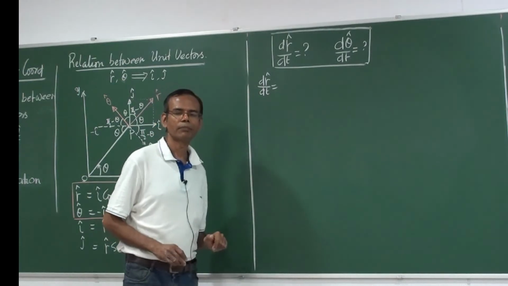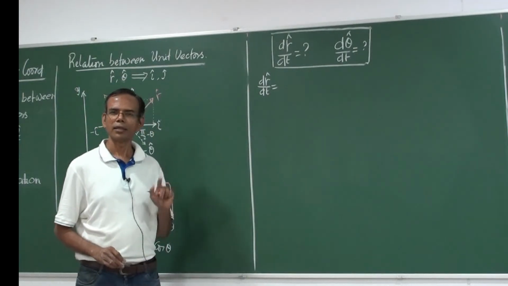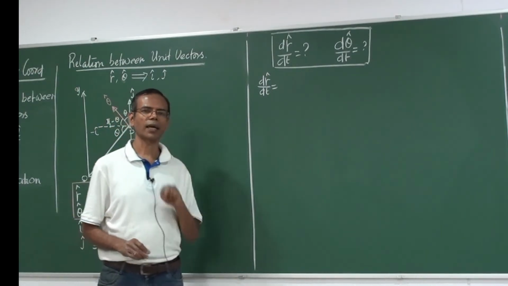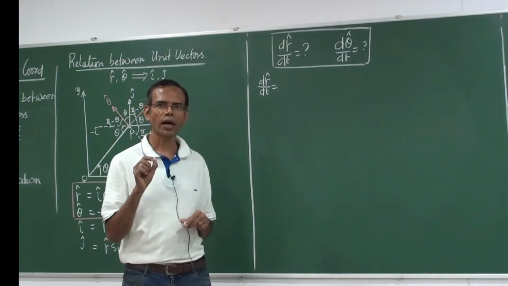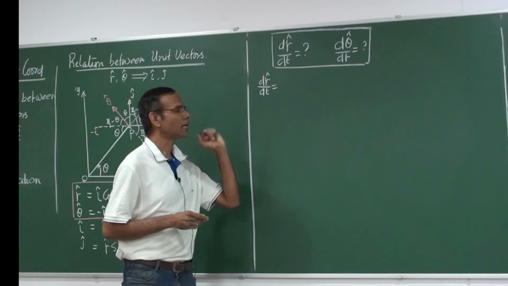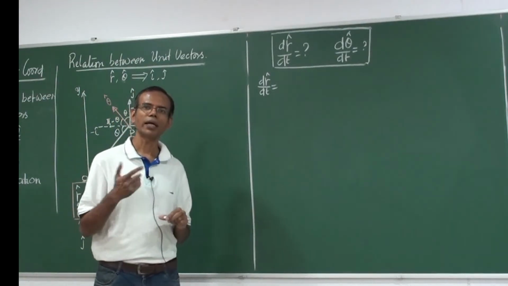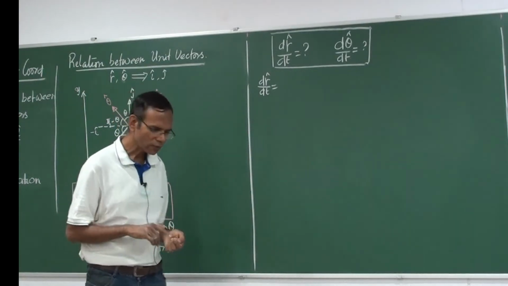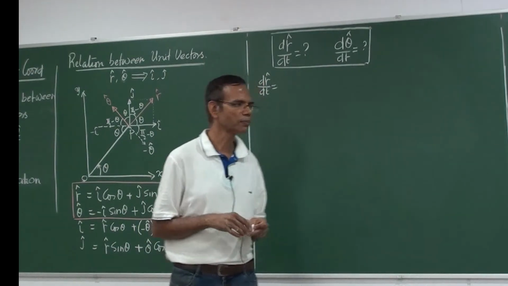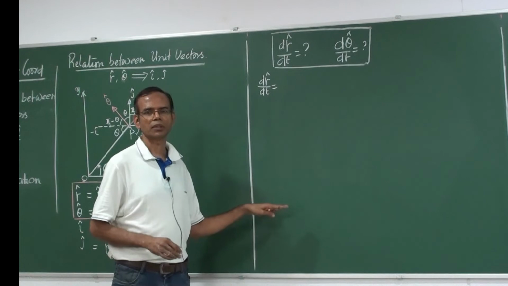r cap is changing with time. What we can do, we can express r cap in terms of I cap and J cap. At the same time, theta cap in terms of I cap and J cap. Now the derivative of I cap and J cap is known. They are 0. They are fixed vectors. And then I can proceed. Alright.